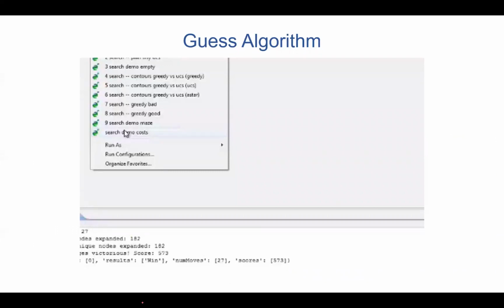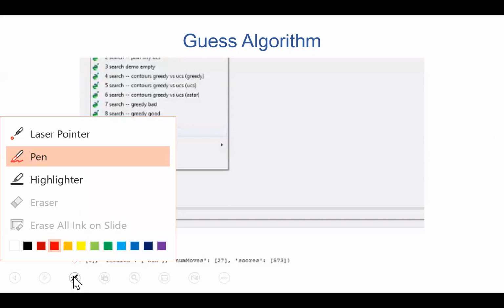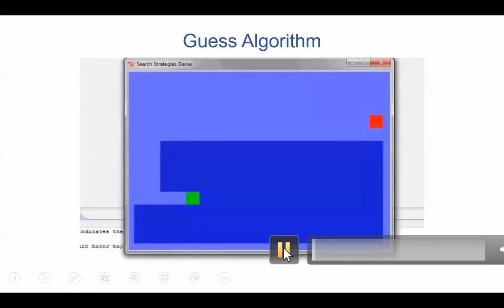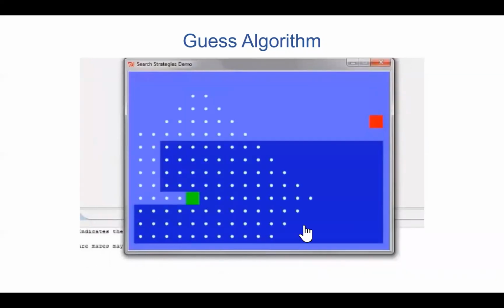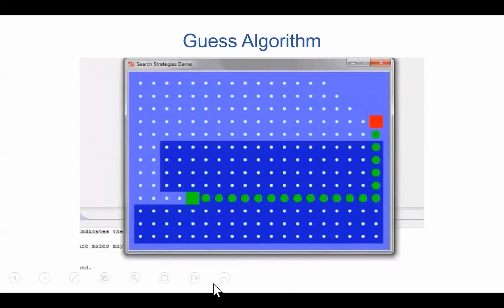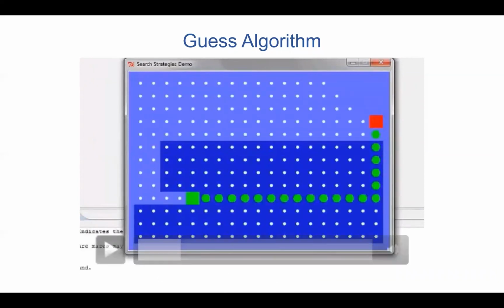I think it's an algorithm guess for you guys. So which algorithm would you think this would be? Remember, this is the shallow water, and this might have a cost of, let's say, 5, and this might have a cost of 2.